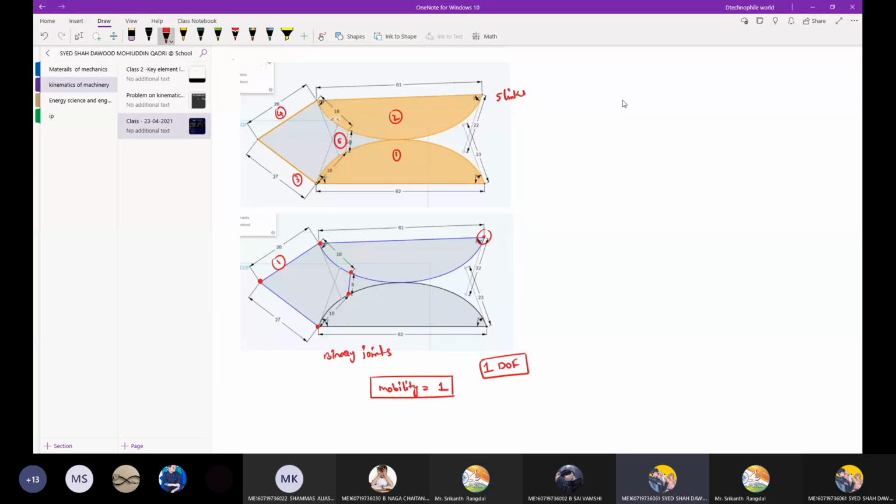Only one link. Clapping needs two hands, not one, right? So there are no joints there. Because there is no joint over there, it's not a joint at all. We shouldn't be counting them.